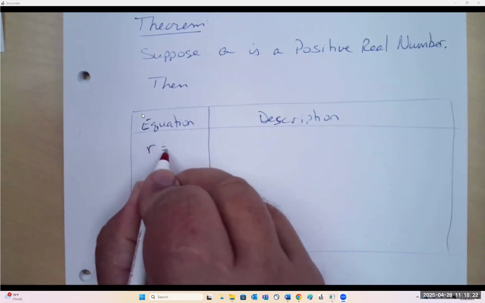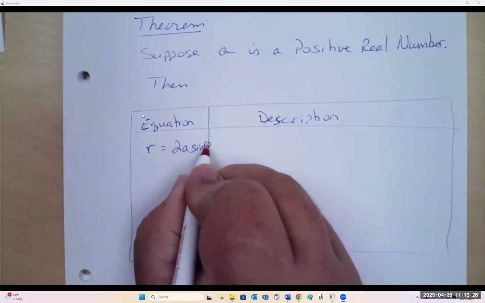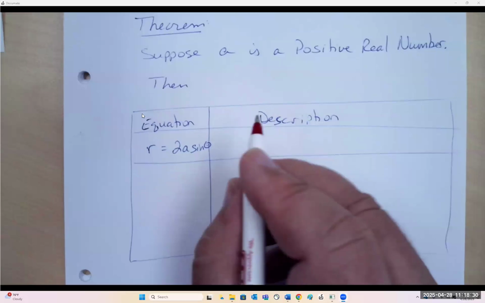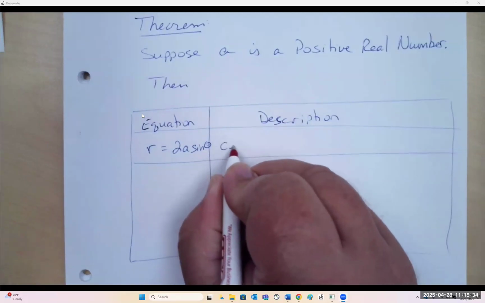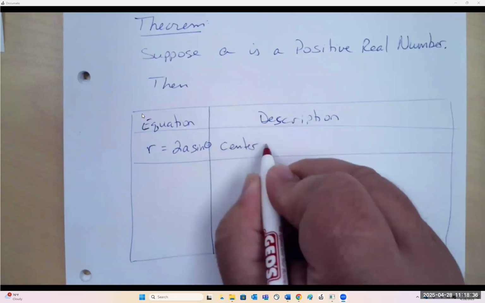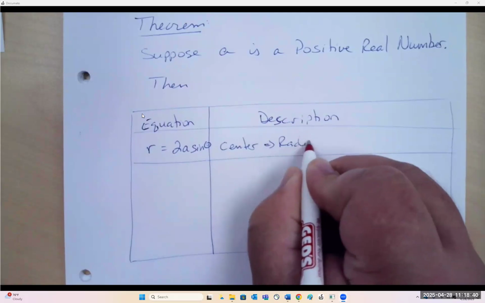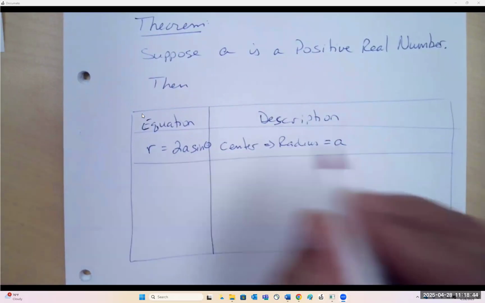First one, r equals 2a sine theta. So we have the center, which also gives us the radius. That's the a part.